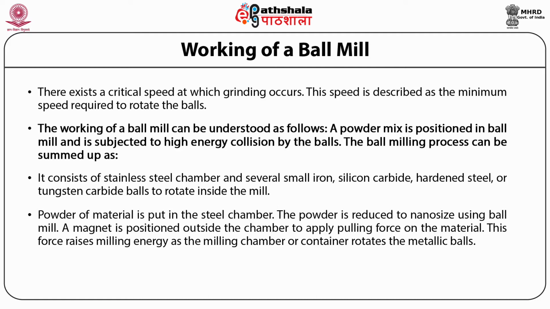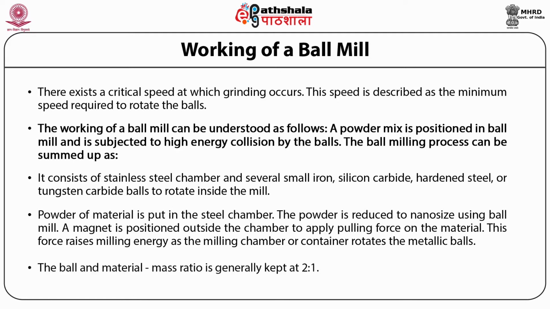The powder is reduced to nano size using the ball mill. A magnet is positioned outside the chamber to apply a pulling force on the material. This force raises the milling energy as the milling chamber or container rotates the metallic balls.